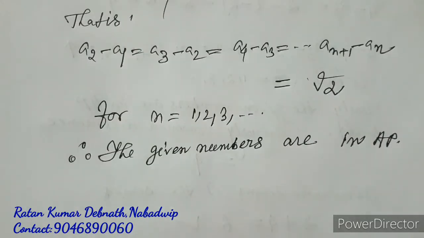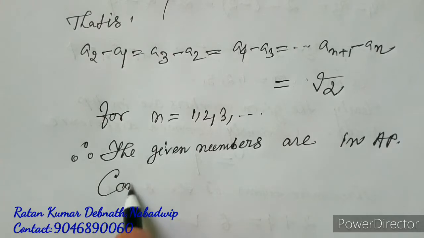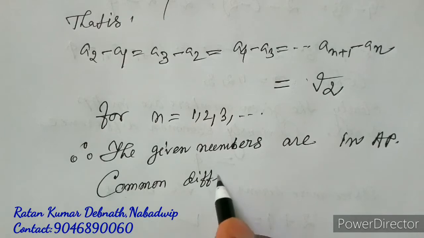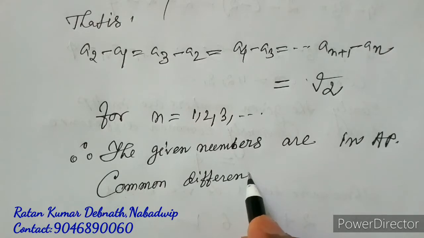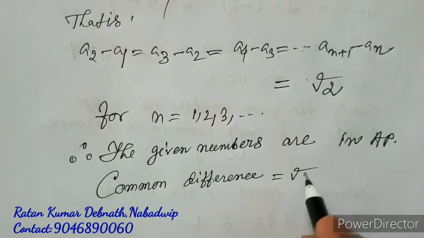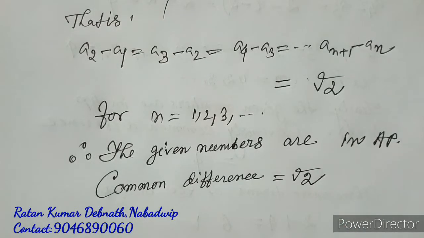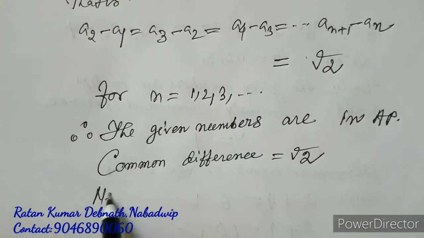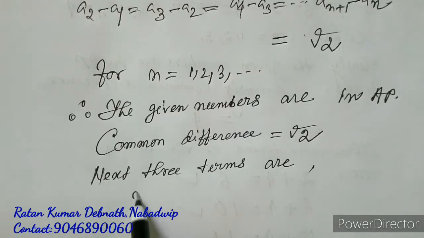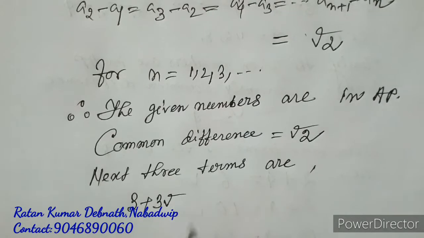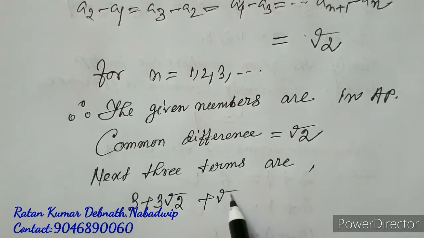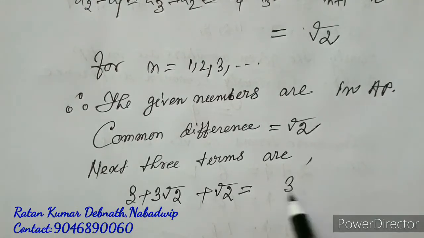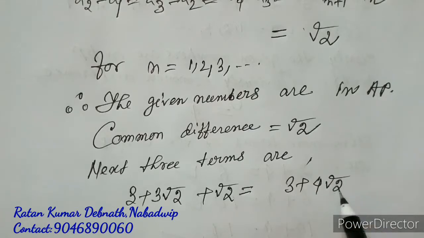Obviously, common difference equal to root 2. Next three terms: this is the fourth term plus common difference, 3 plus 4 root 2.